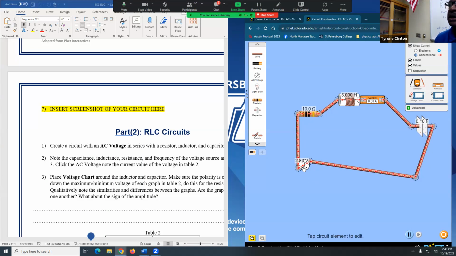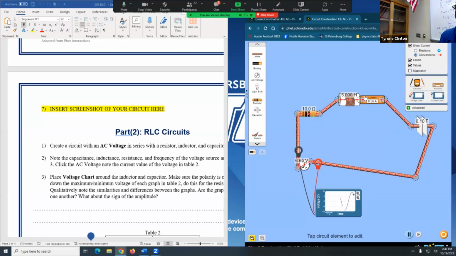So you can see here that the AC source is pumping out some voltage between 9 and -9 volts, right? And what we can also do is put a voltage chart and figure out what's going on. So it's going to ask you to put this voltage chart on either side of the inductor and the capacitor.